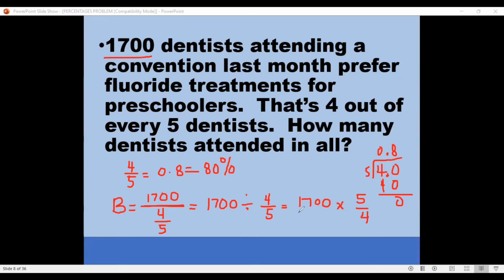For us not to be confused, we put 1,700 over 1. That is how we are going to deal with this problem. By the cancellation process, when you divide 1,700 by 4, you can also solve that using long division.